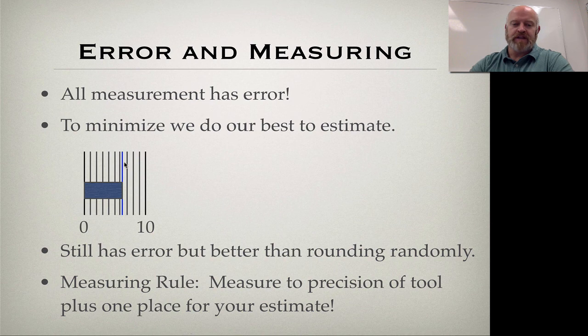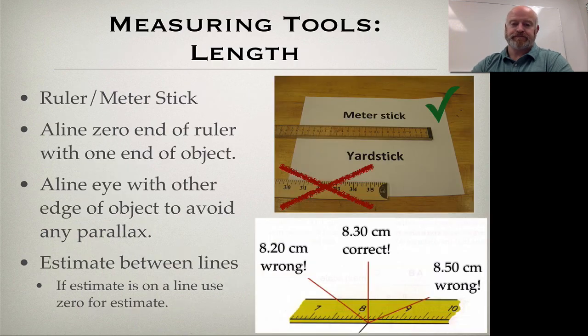So it is somewhere between 6 and 7, and you can now say it's 6.3, or maybe 6.4, or 6.2, whatever you think that is, because we've added a more precise measuring system. Our estimate now becomes that decimal, 6.3, because we know it's at least 6 and not yet 7. So every time you measure, you measure to the precision of your tool plus that estimate.